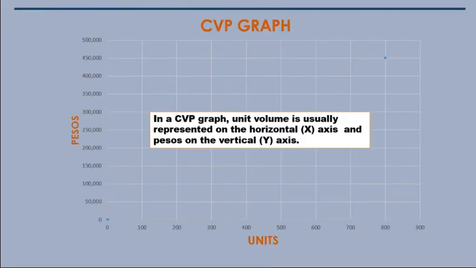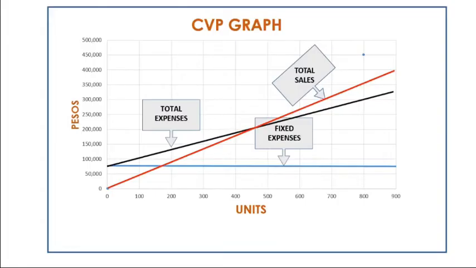In a CVP graph, unit volume is usually represented on the horizontal or x-axis and pesos on the vertical or y-axis. The first step begins by drawing a line parallel to the volume axis to represent total fixed expenses of 80,000 pesos.